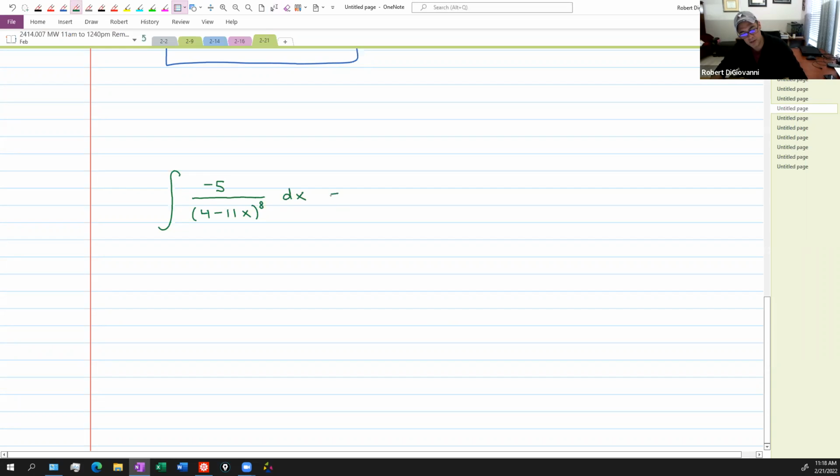So if this were me doing this, this is the way I would do it. I would say, okay, I have this -5 on top. I need that. I have a -11 in front of the x. I need to scale that out. Then everything else pretty much just looks like I'm doing an integral of u to the -8. So the antiderivative of that is going to be 1 over -7 u to the -7.